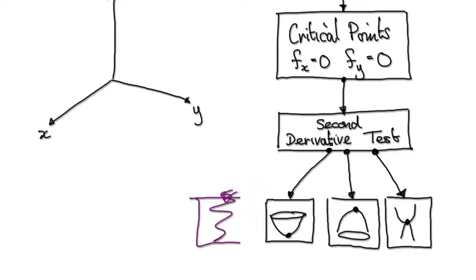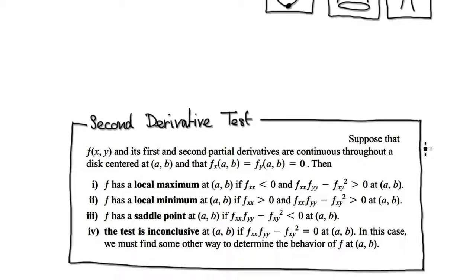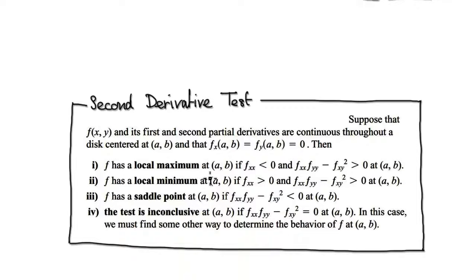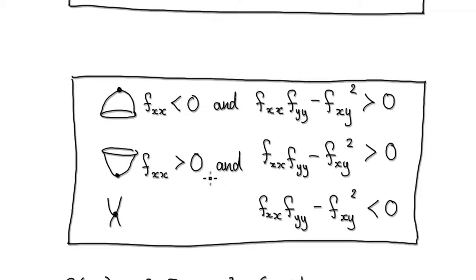So in this video, I'm going to talk about the second derivative test. Well, the second derivative test is this thing here, but I'm going to summarize it to this. So what you do is you execute this thing here. Find this value here.